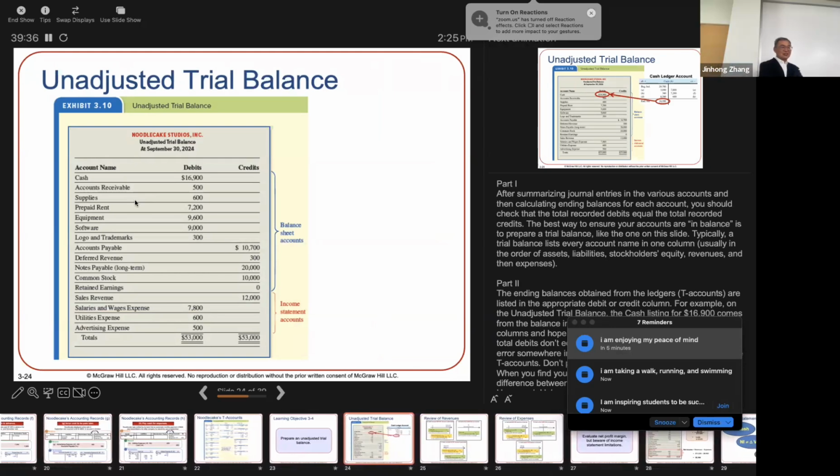That's the next step. Then you start to aggregate, putting these together. These are the assets section of the balance sheet. These are the liability section of the balance sheet. This is the equity side of the balance sheet, and this goes to the income statement as revenue, and this goes to the income statement as expense.